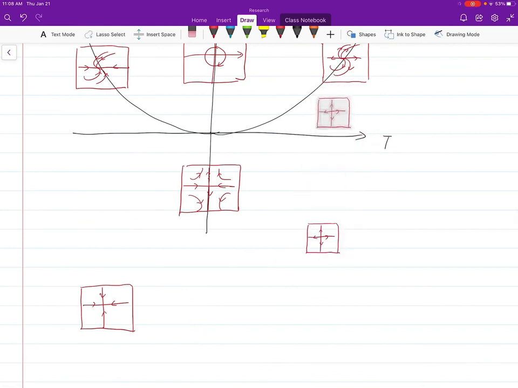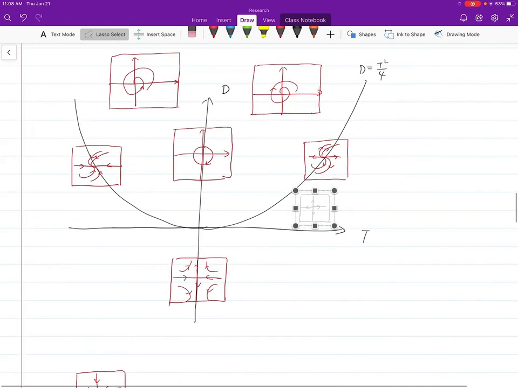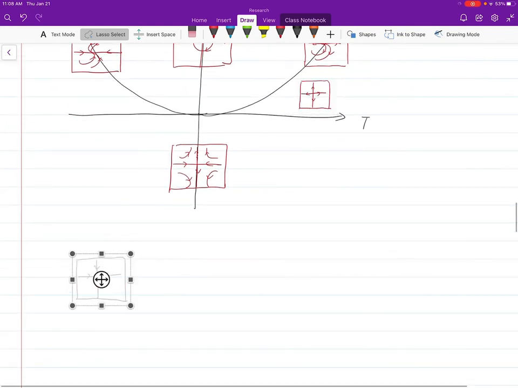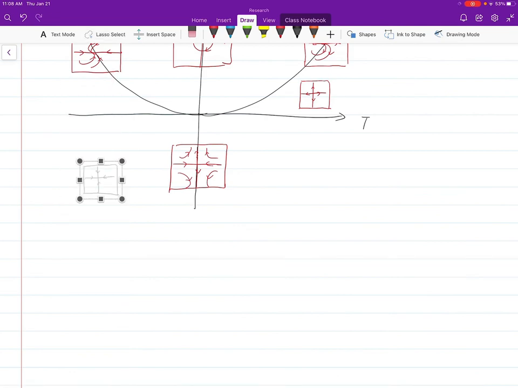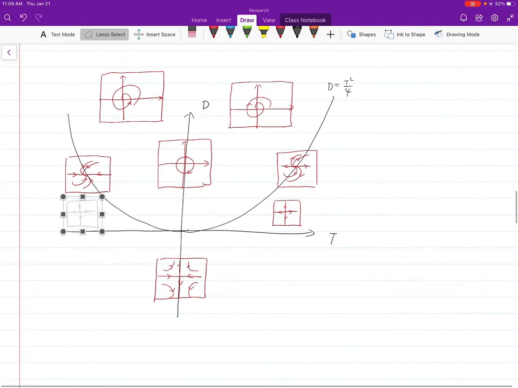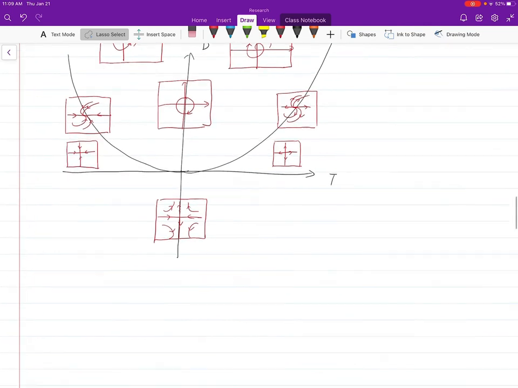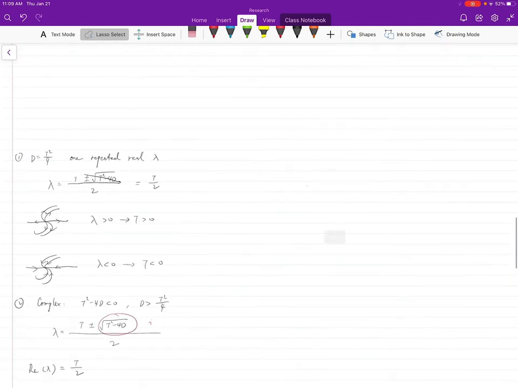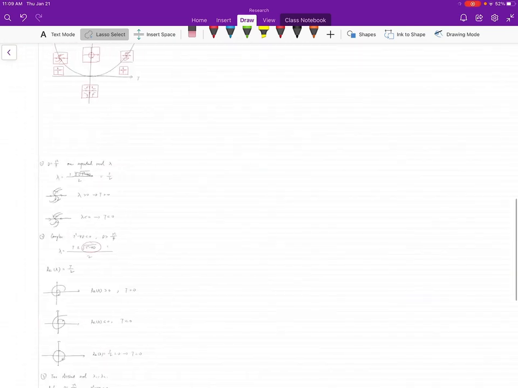So here, above d equals 0, you will have the source. Similarly, you will have your sink here. All right. That's roughly all the possible cases we can have.